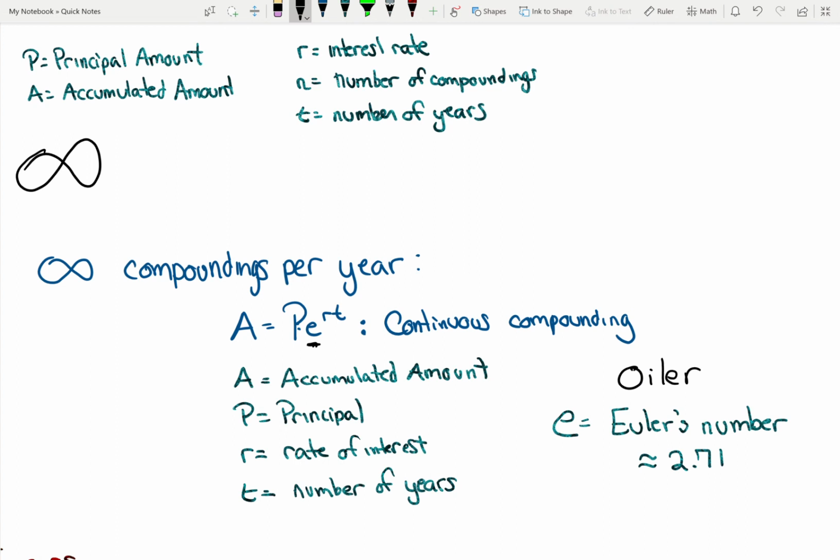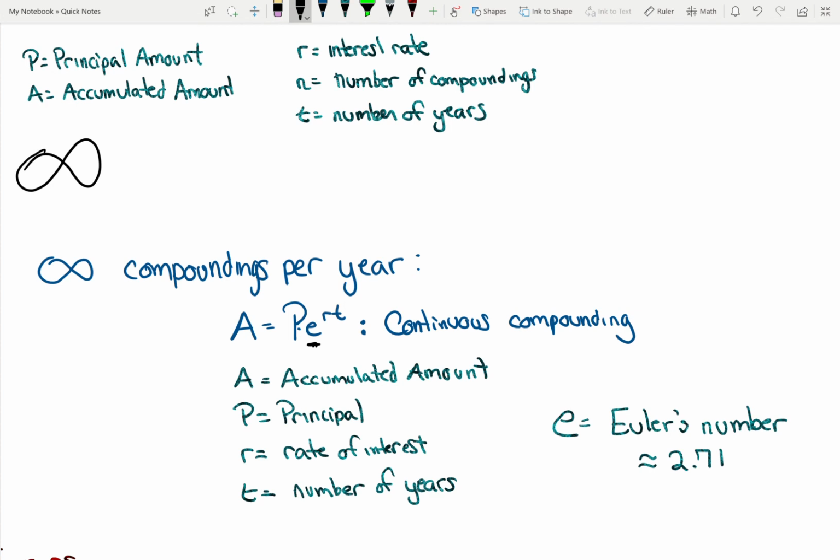So it's Euler's number, and it's an irrational number. You see it on your calculator, and it's in a lot of math memes. It's about 2.71, okay?